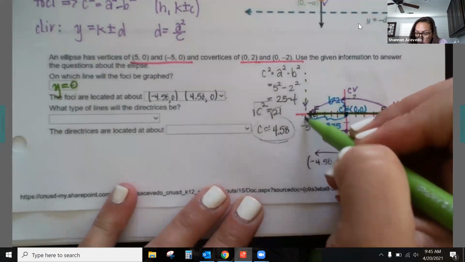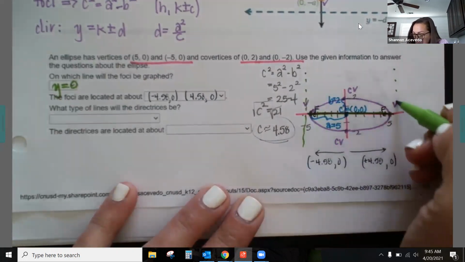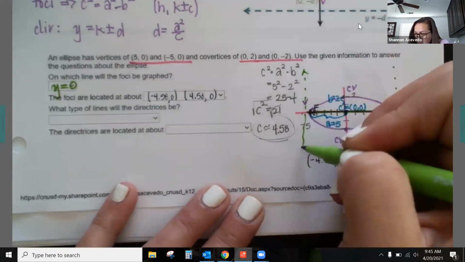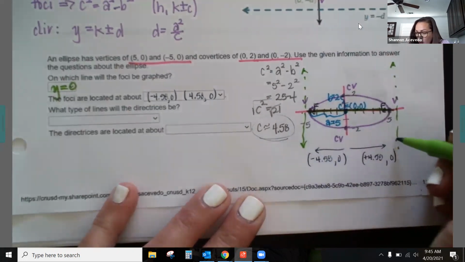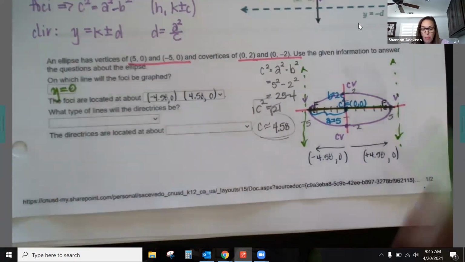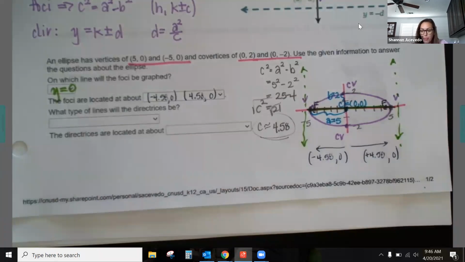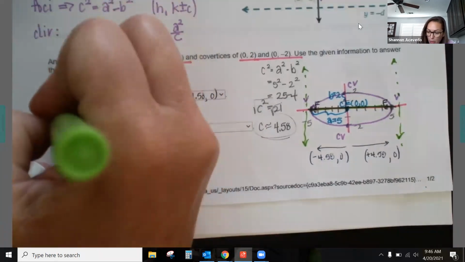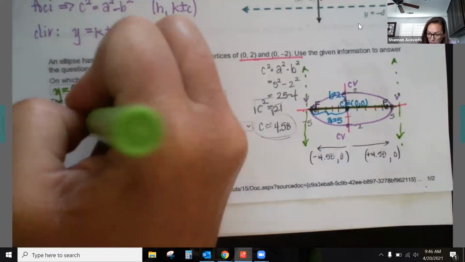So they're going to go somewhere in here and somewhere in here. So they're both going to go up and down, or vertically. So in this case, they're both going to be vertical.